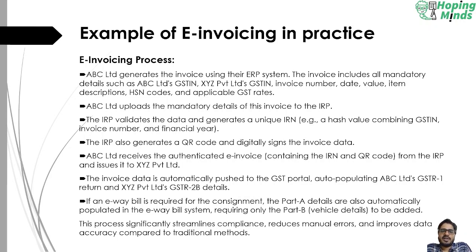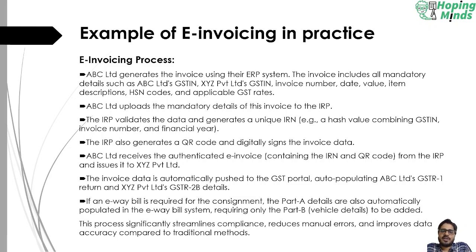Afterwards, ABC Limited receives the authenticated e-invoice containing IRN and QR code from the IRP and issues it to XYZ Private Limited. The invoice data is automatically pushed to the GST portal, auto-populating ABC Limited's GSTR1 return and XYZ Private Limited's GSTR2B details.